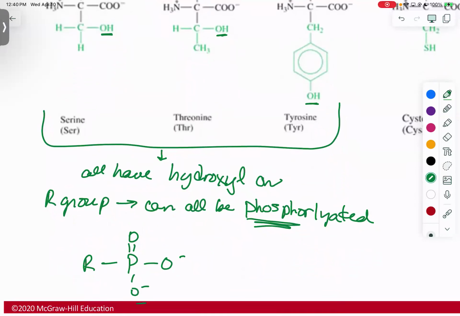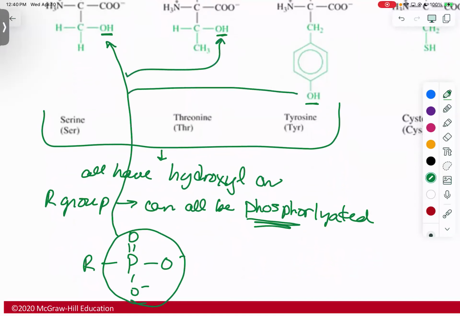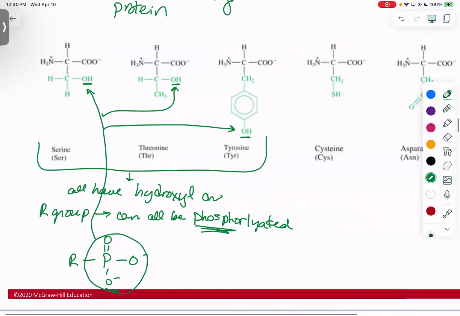So we can take this group right here, take it off of the R and put it on the oxygen of any of these amino acids. And so phosphorylation events are like molecular on-off switches.